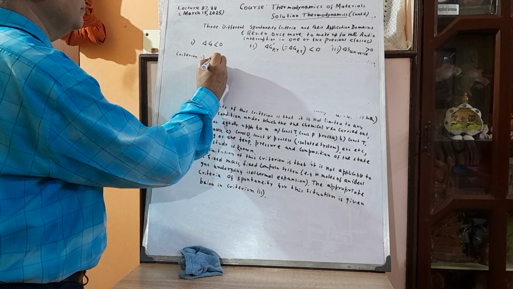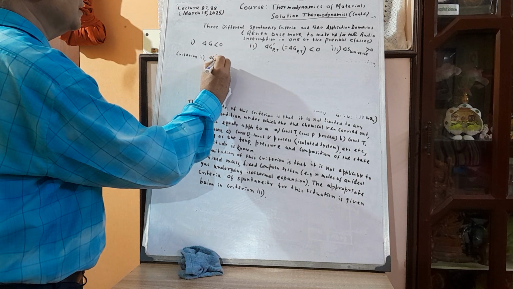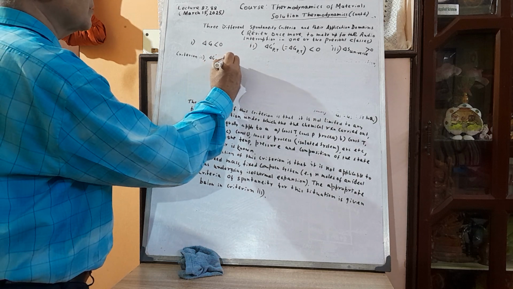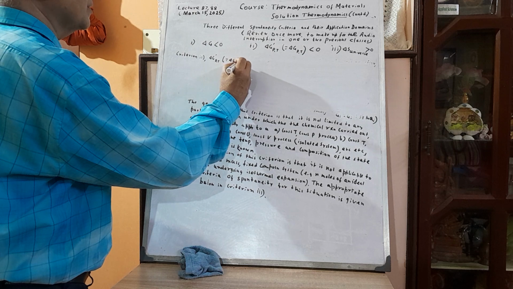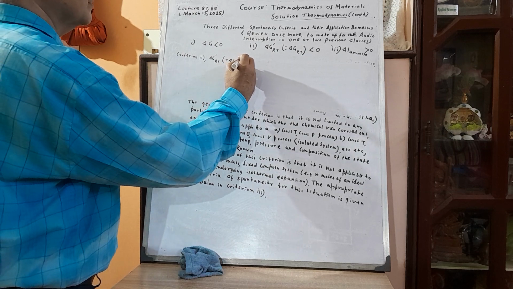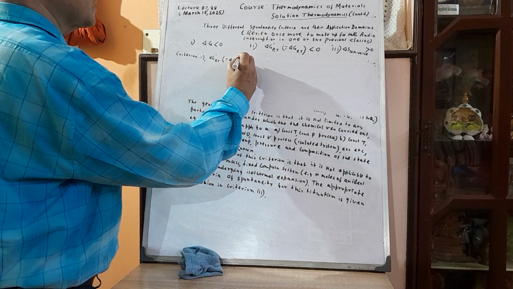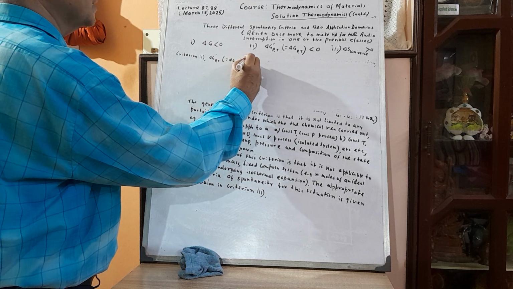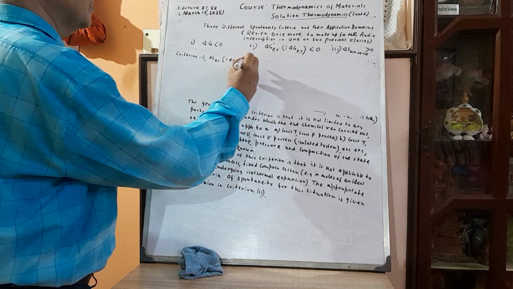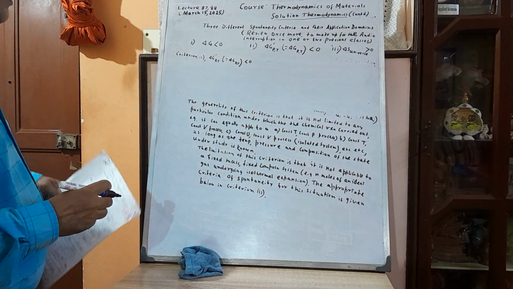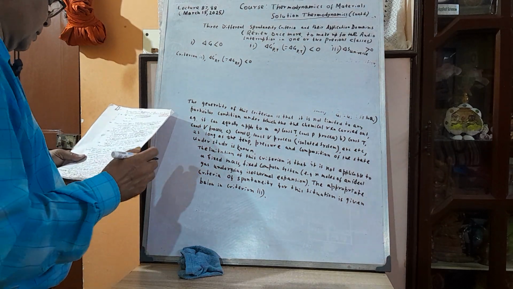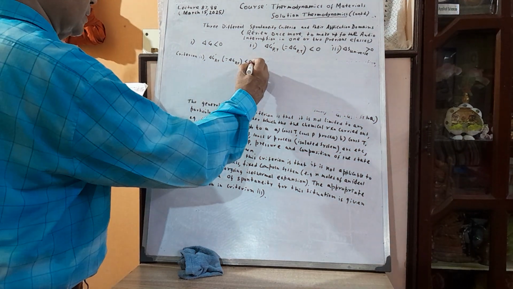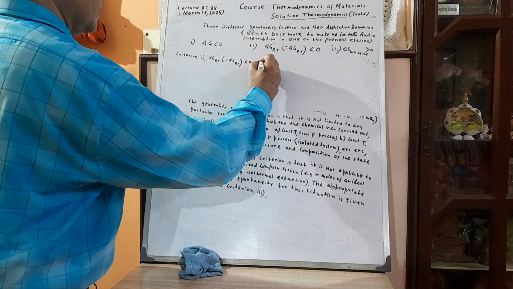Delta G prime PT, which is commonly taken as delta G PT is less than 0.